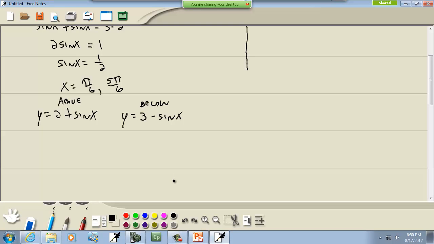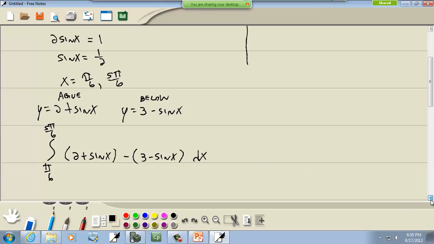Okay, so let's do this problem. So we're going to go from pi over 6 to 5 pi over 6. Our graph that's above, which is 2 plus sine x, minus the graph that's below, which is 3 minus sine x dx.